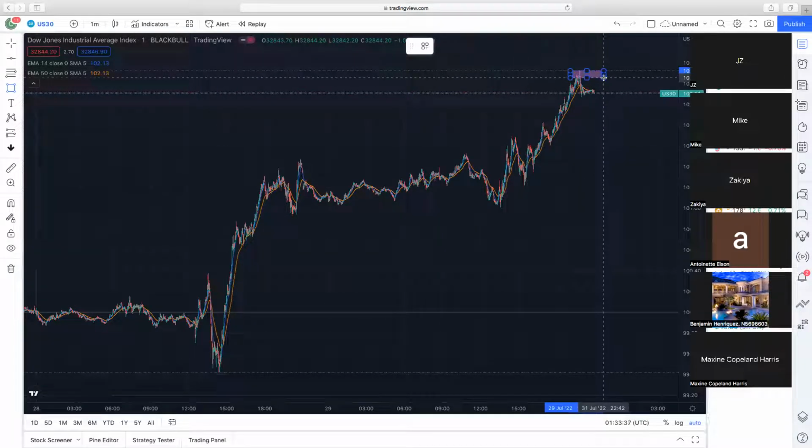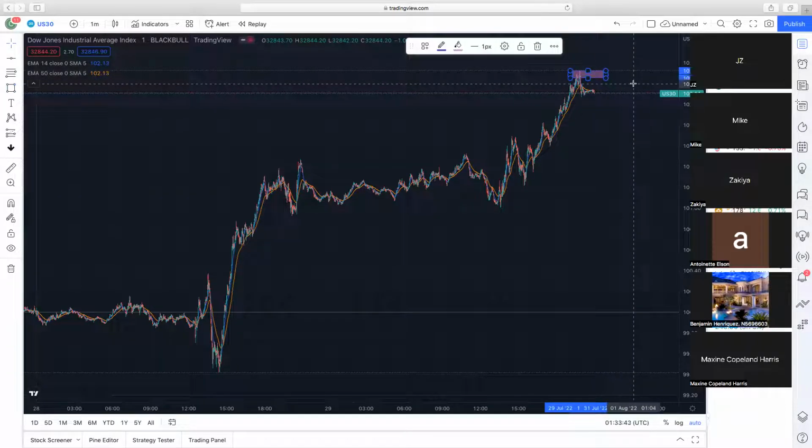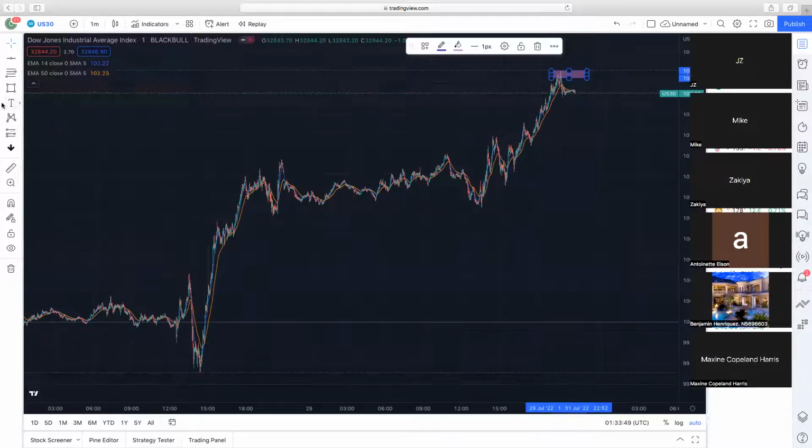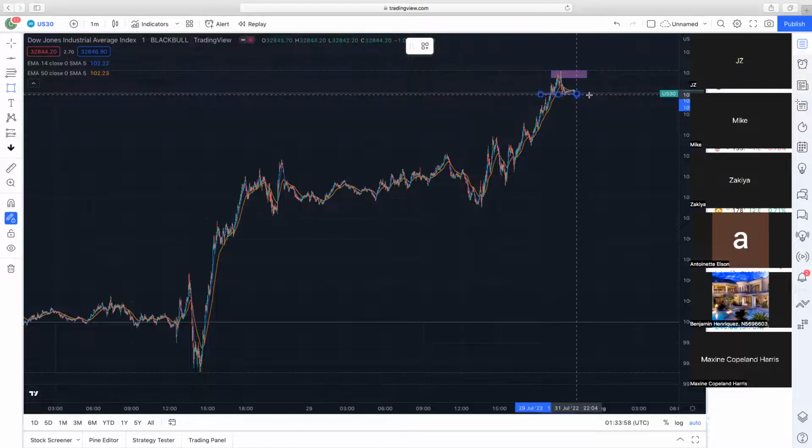And you just want to start at the very, very top of the wick, and you want to pull it down till you get just a little bit of everything in your box. Just a little bit of everything. Right here is one.